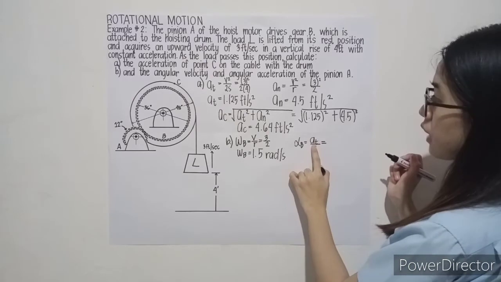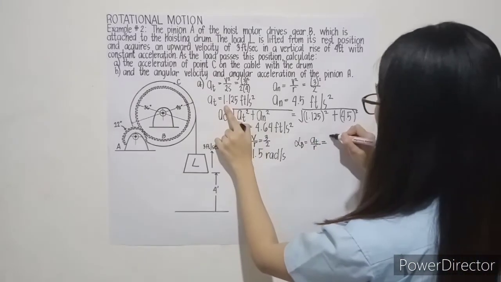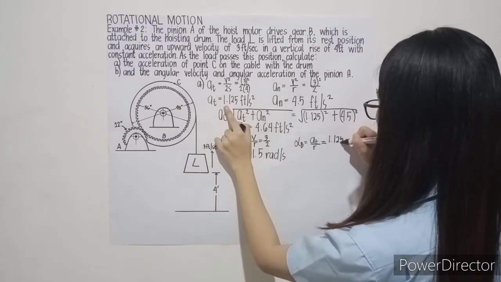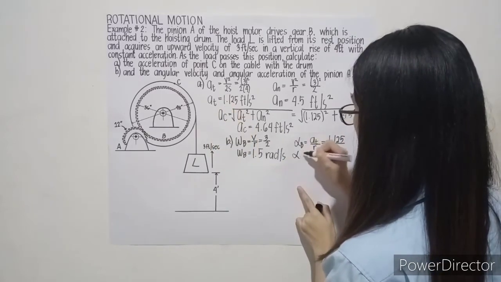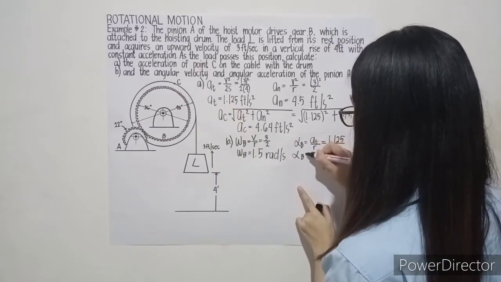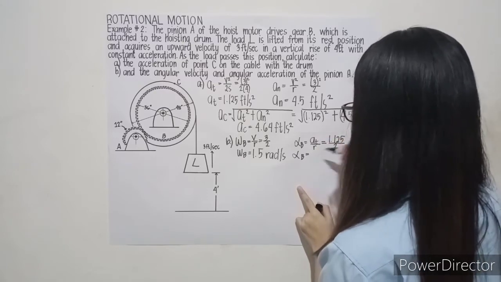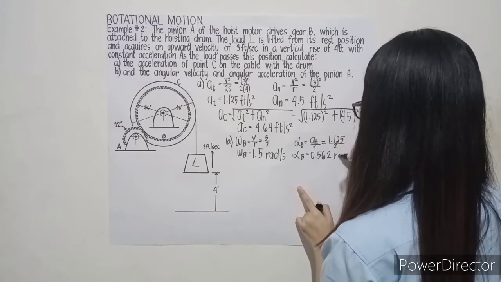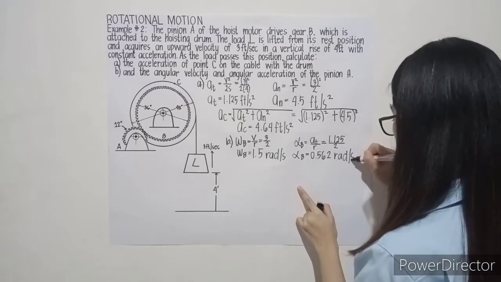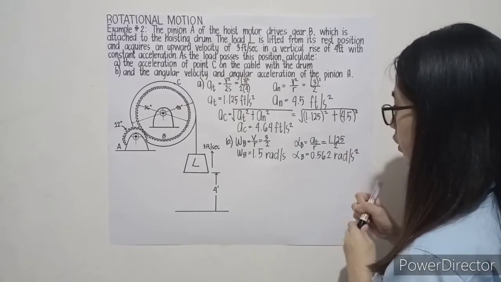And for angular acceleration at point B, we have tangential acceleration over r, where our tangential acceleration is 1.125 and our radius is 2. So we have angular acceleration at point B equal to 0.562 rad per second squared.